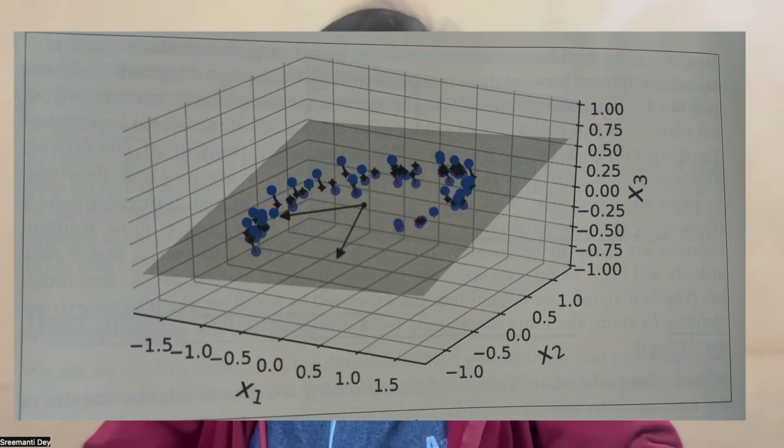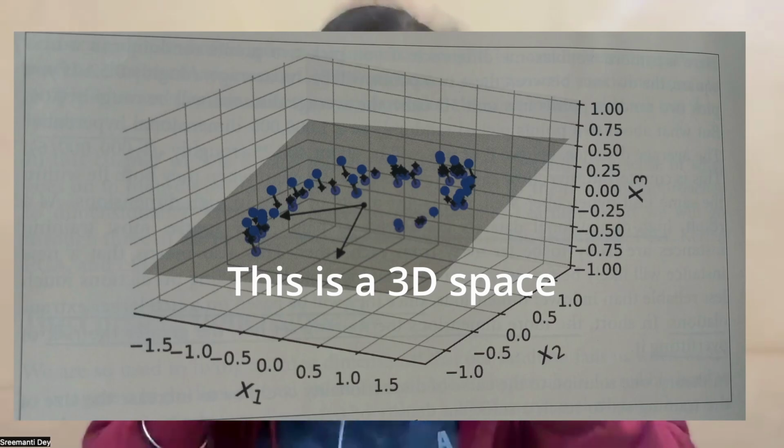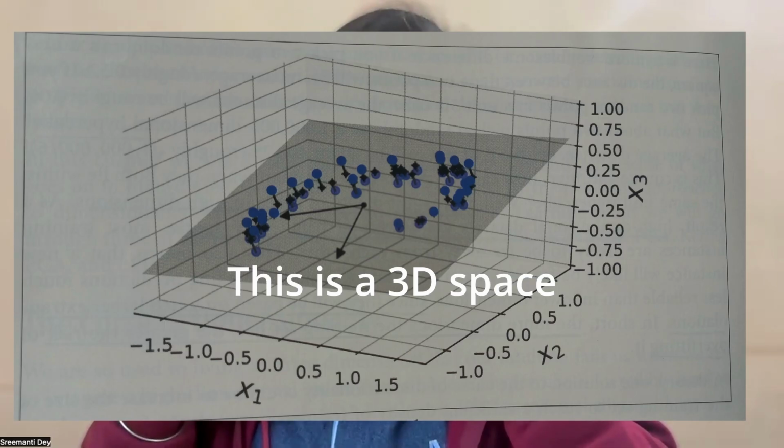What we are going to do is map that down to a much lower dimensional subspace and still capture most of the variance of the data. Let's take an example. As you can see right here, we have so many points that, if you look very carefully, are very closely linked to a 2D plane. This is actually a 3D space, right?